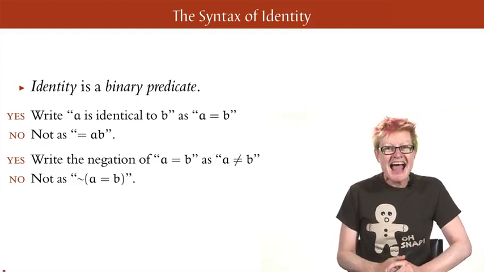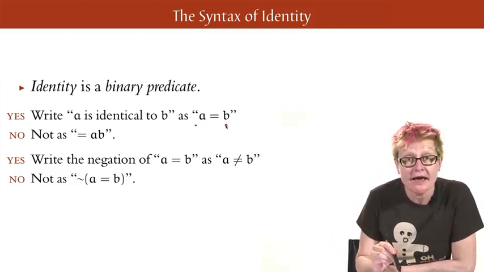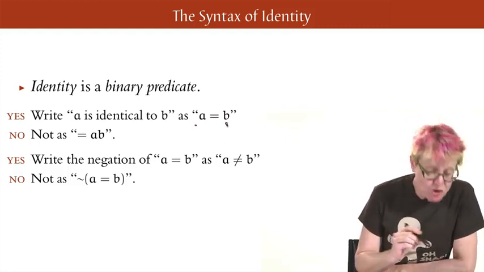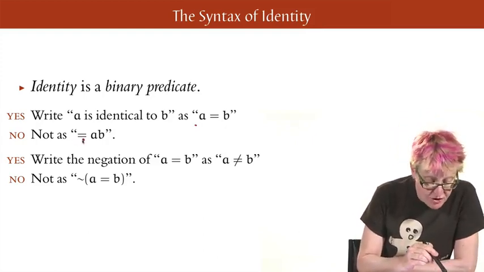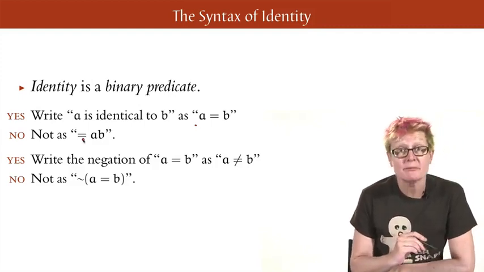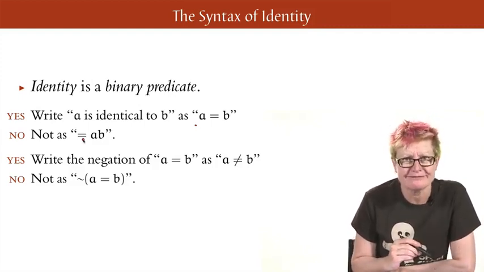We write A is identical to B this way. It's read A is identical to B. We do not write the identity predicate symbol first, followed by the two names, as we would with a regular binary predicate because, well, it looks weird.